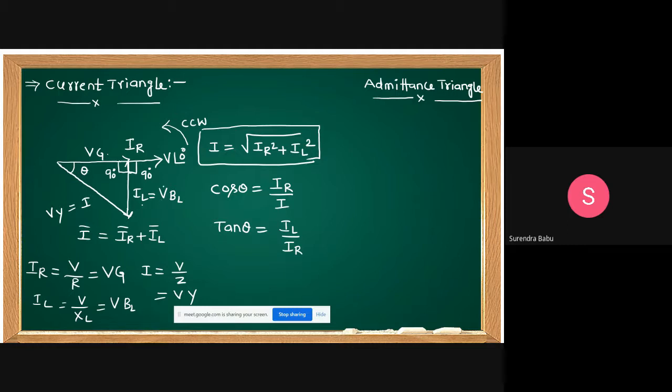This divided by V, this divided by V, this divided by V. Then what triangle we can get, students? Admittance triangle. If you divide with V, this is G. And this is, which one, students? Come on, BL. This is Y. This is the admittance triangle.